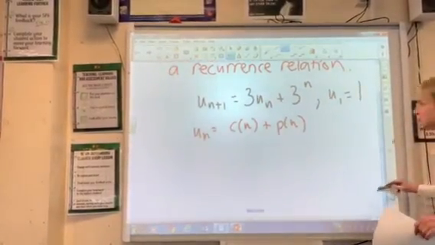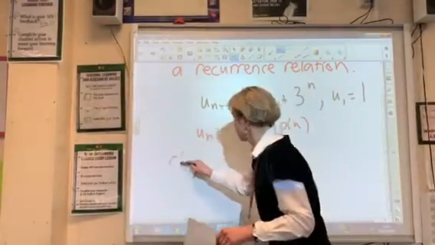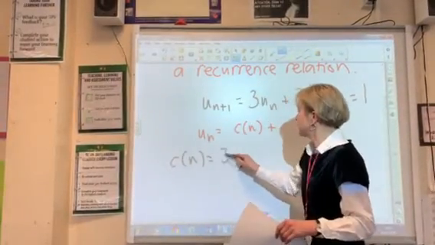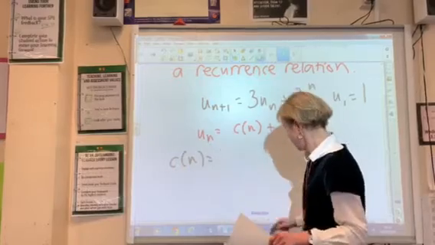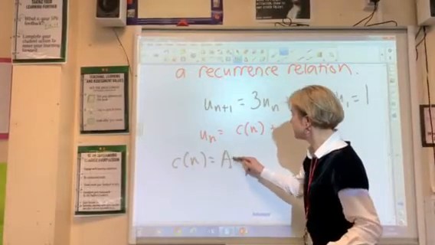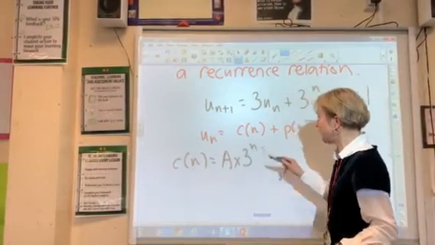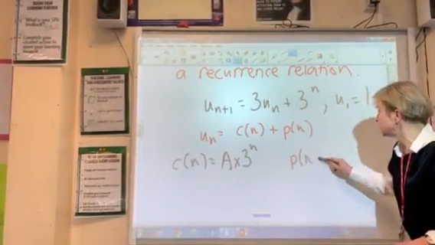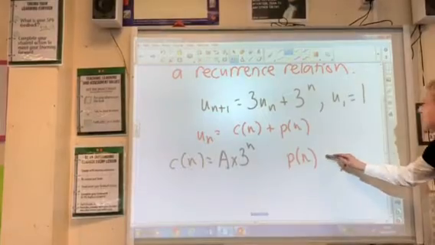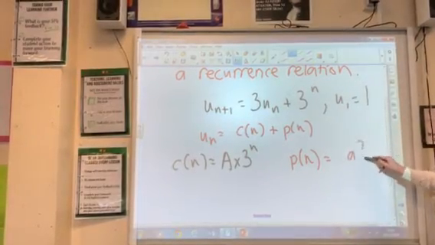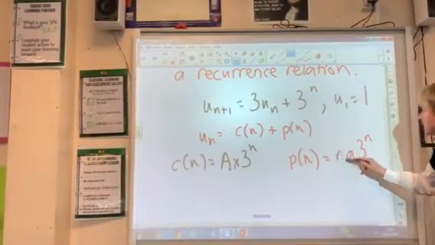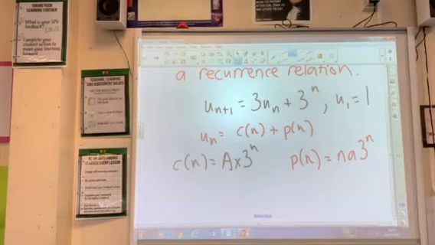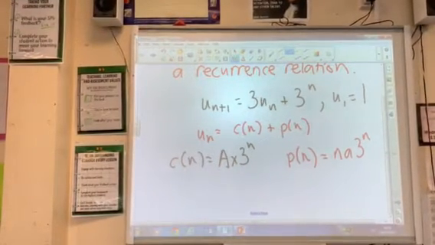Now my complementary function is capital A times 3 to the power n. And my particular solution, because I know that this is a failure case, instead of it just being a times 3 to the n, it's going to be n times a times 3 to the power n.